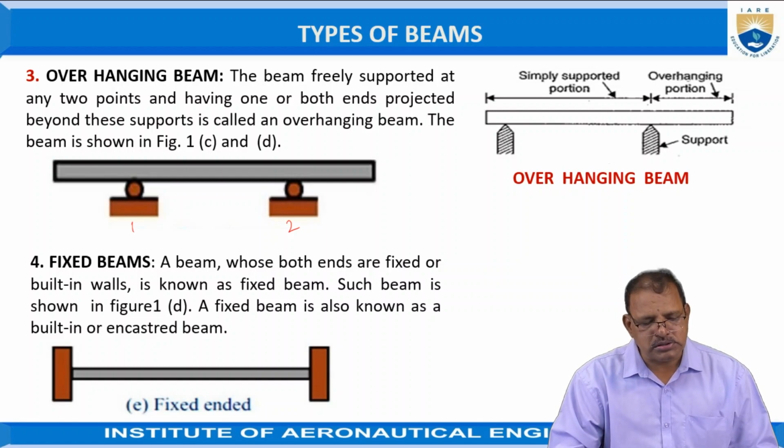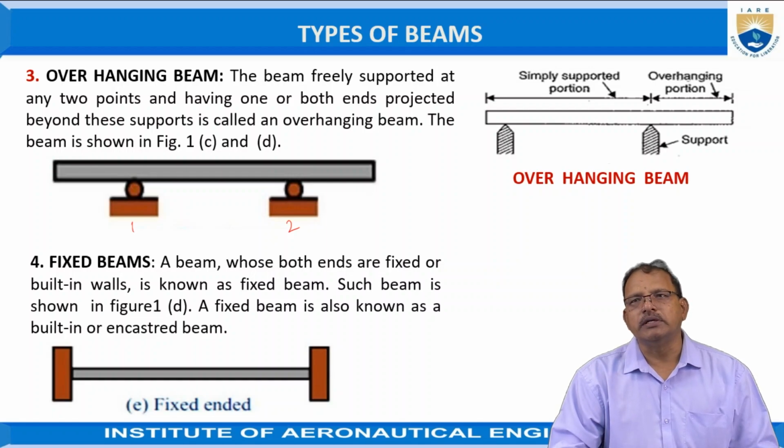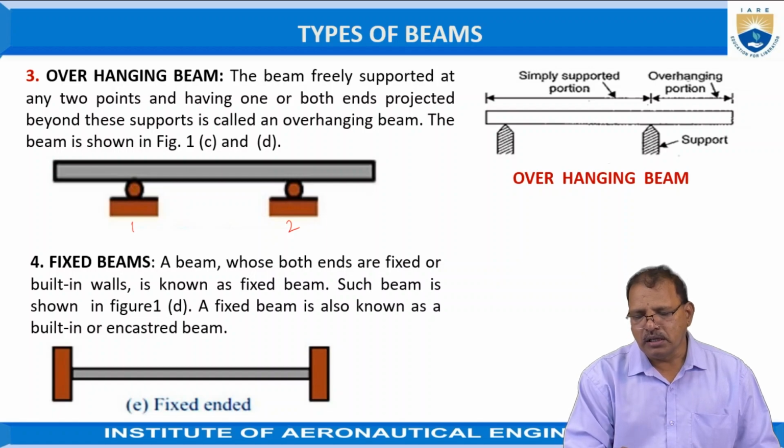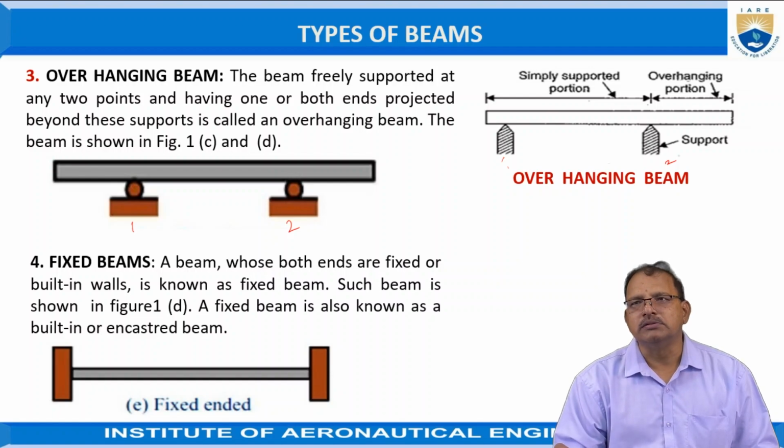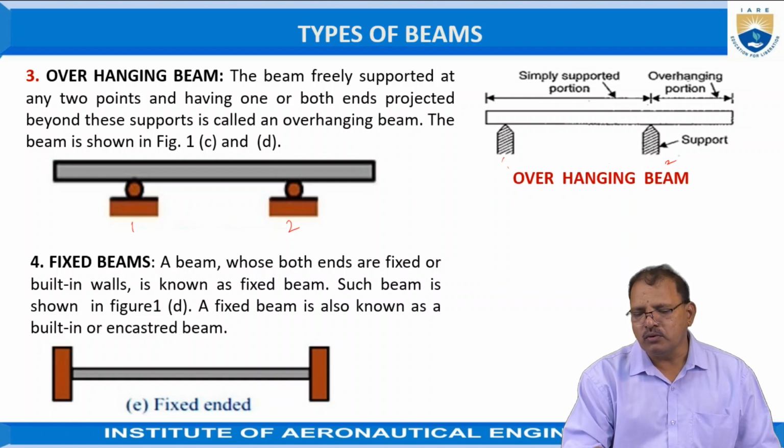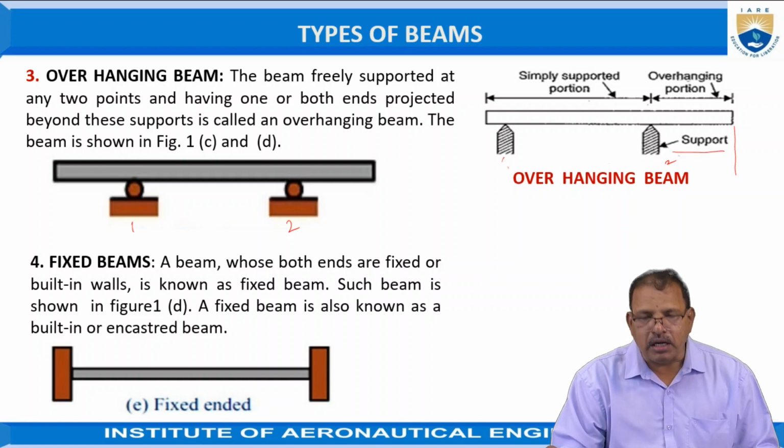Sometimes it may be on both sides, sometimes on one side, toward the left side or right side. Hence, this beam is treated as the combination of a simply supported beam and a cantilever beam. Here, for example, it is overhanging toward the right-hand side. The portion between the two supports, 1 and 2, is treated as a simply supported beam, and the portion beyond 2 is treated as a cantilever beam.